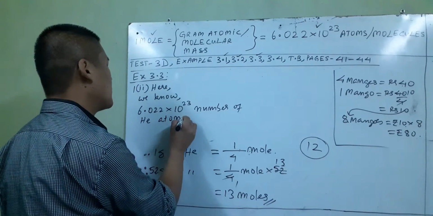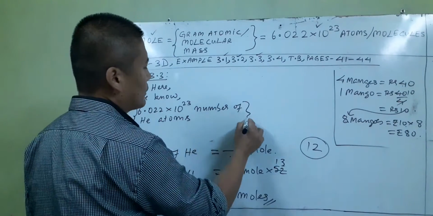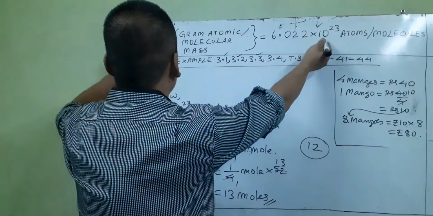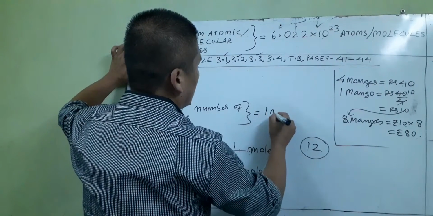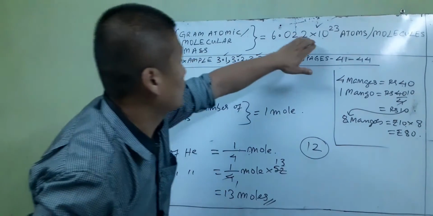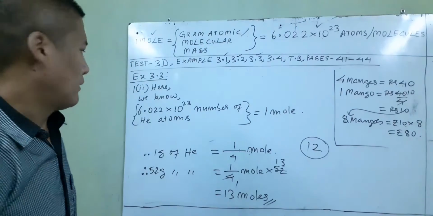This time they mentioned it is atoms. But even if they didn't mention, we know it's atom. No number at the back means atoms. This one always makes how many moles? Equal to 1 mole of helium. So we know this formula, we use this and this. That's why we're saying we know, because it's in our memory.